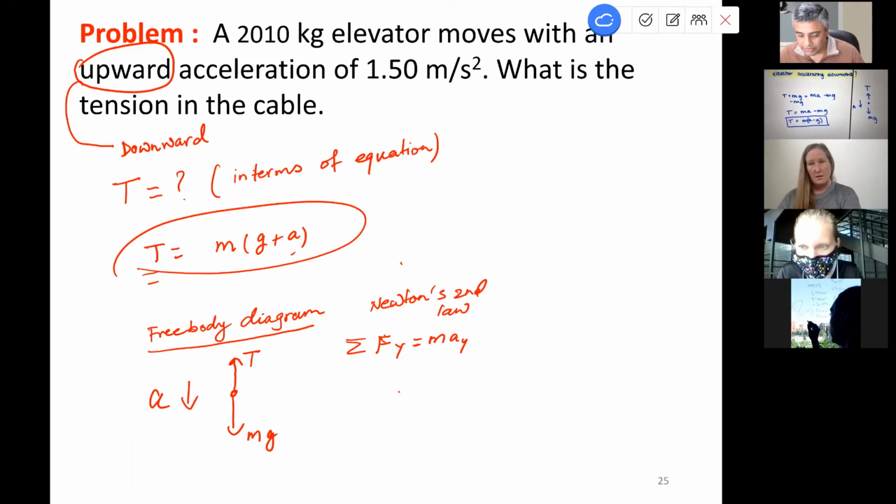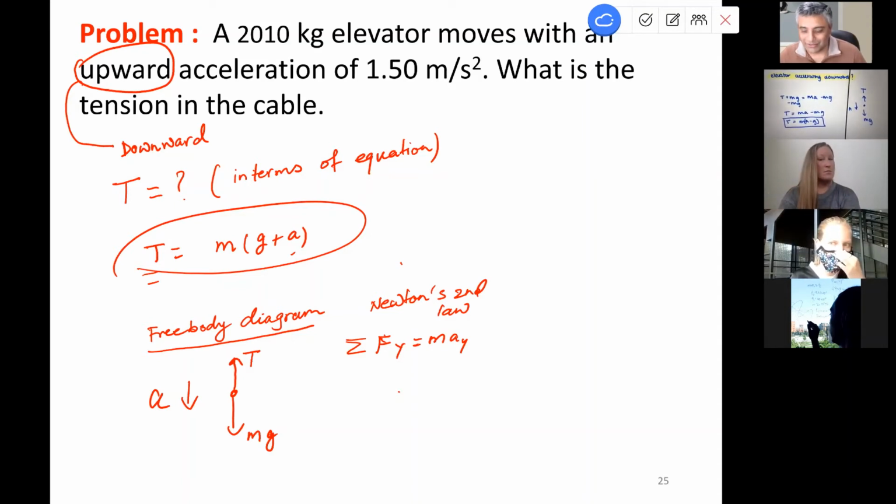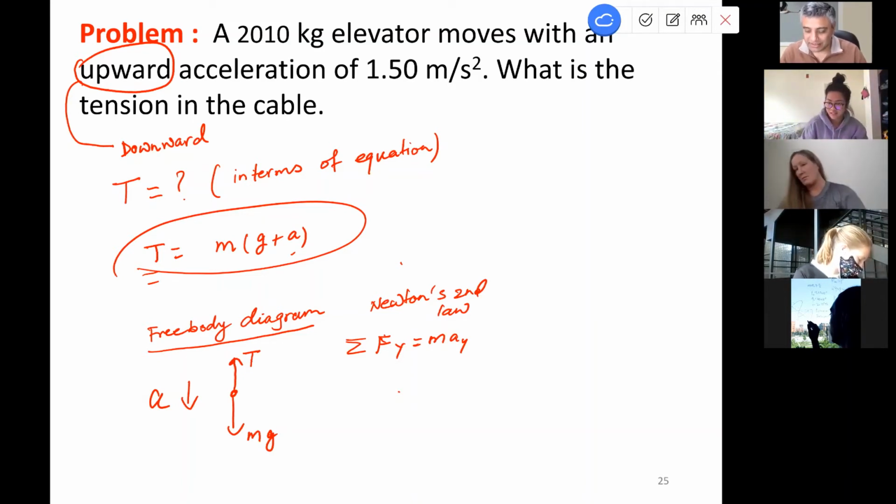So, T plus mg. Yeah, you are doing that algebra all the way. You did not learn the way we talked about, right? But seems like you are showing the work, and that looks good.